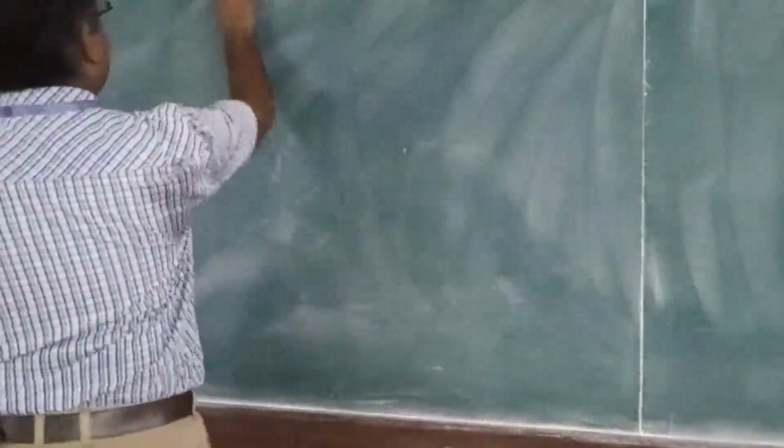The quantity which has the magnitude as well as the direction is called vector. It is denoted by A. For my class, you must have a separate notebook. I will give you the note and I will dictate the class.